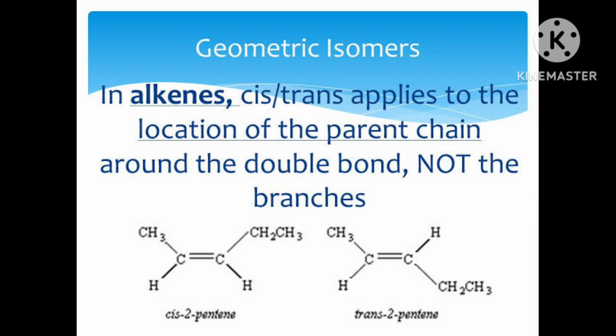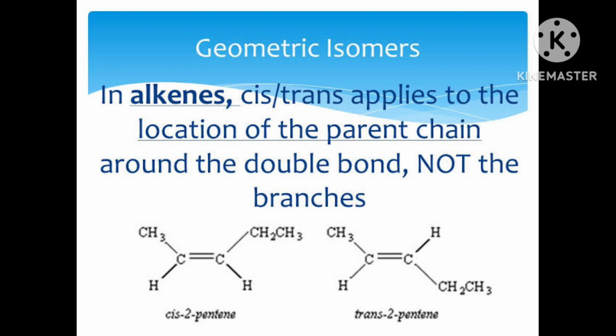See, X and Y are both on carbon 1 and carbon 2. Both X and Y groups are there. Carbon 1 has X and Y, and carbon 2 also has X and Y. But in space the arrangement is different. In one case both Xs were adjacent, both Ys were adjacent, close. But in the other, they were opposite. One X was up and the other carbon's X was down.